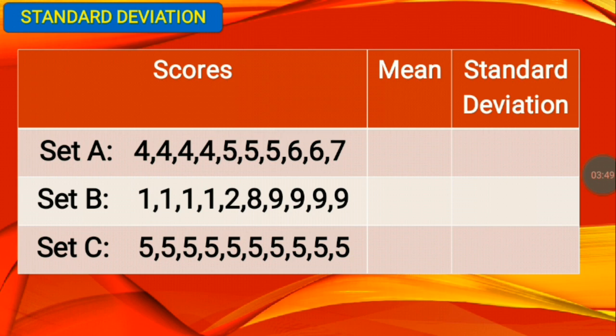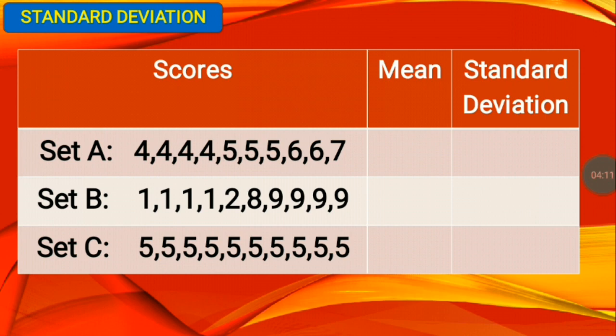Now, so we can picture how the standard deviation works, let's have this table. We have here 3 sets with corresponding scores, and we will provide the mean since you already know how to solve for it.